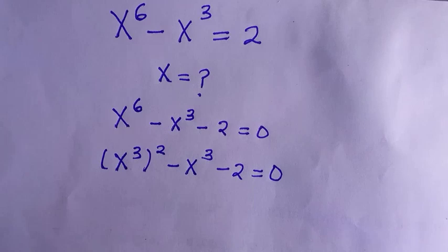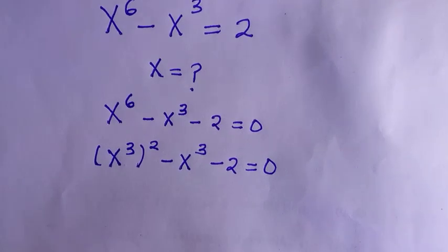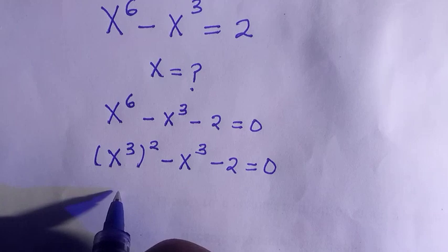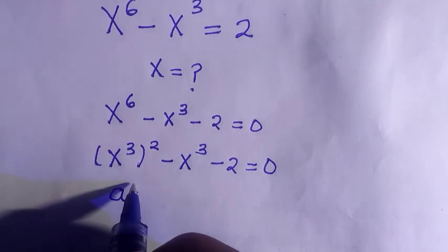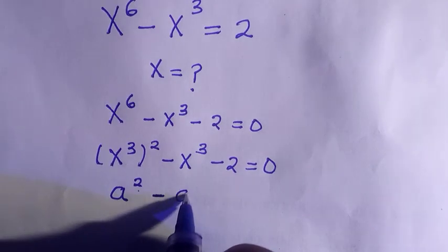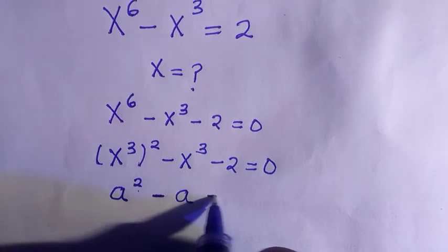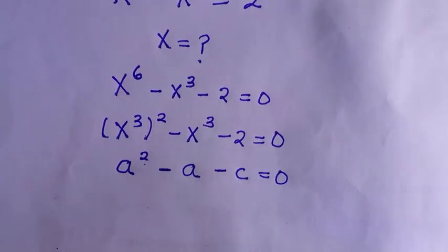So I want to do something different. I can let x raised to power of 3 be any letter, but I don't want to do that. What I want to do is apply the quadratic formula. If you have, let's say, a raised to power of 2 minus a minus c equals 0.